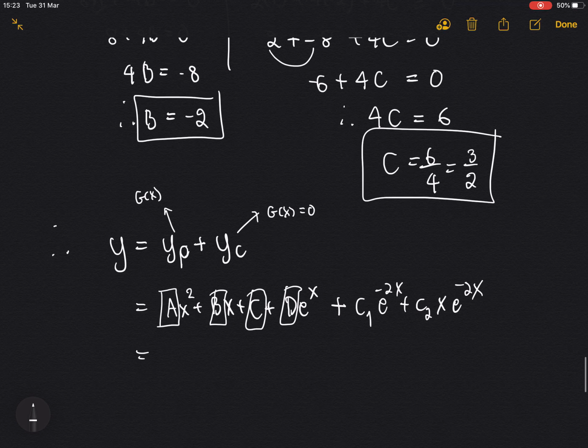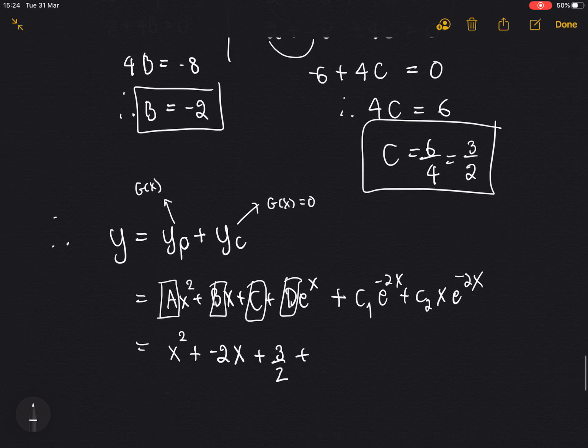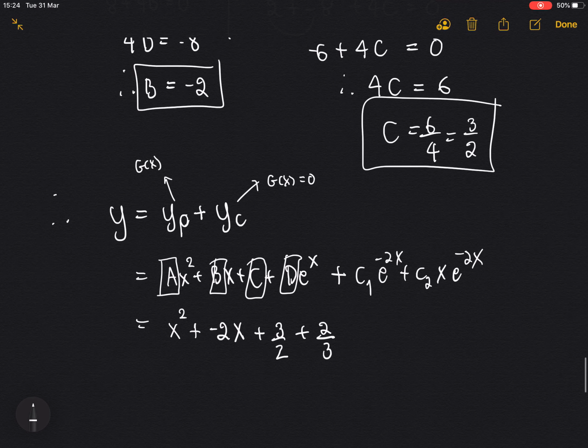So we know that a is 1, so that would be x squared plus b, so our b in this case is minus 2x, and then plus c, that is 3 divided by 2, and then plus d, where d is 2 by 3. So you have 2 by 3 multiplied with the exponential of x plus c1 multiplied with the exponential of minus 2x plus c2x multiplied with the exponential of minus 2x.